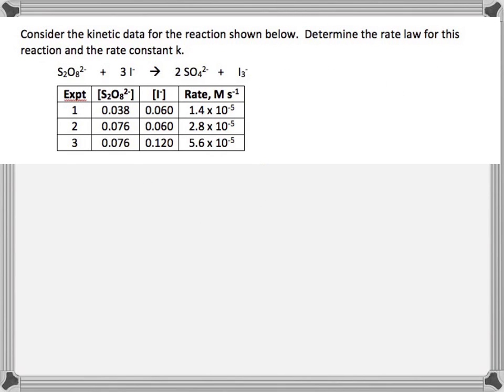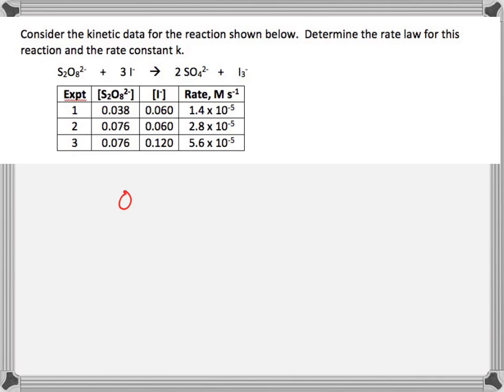So in this part, I will compare experiments 2 and 3. I chose those because persulfate in those 2 experiments stays the same. So the only thing that I'm comparing is the iodide concentration.